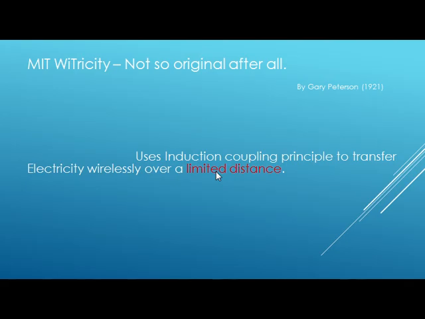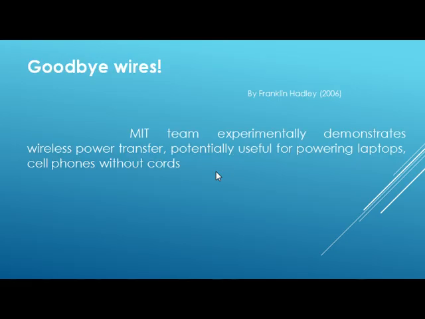And the next paper is Goodbye Wires. There were 6 people at MIT who did an experiment, who practically used the concepts of Tesla and made a live example of the power transmission wirelessly.